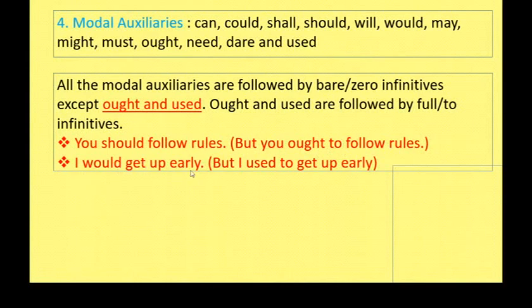I would get up early, but I used to get up early. Here after would, bare infinitive, that is get up, has been used. And if we use used instead of would, then full infinitive, that is to get up, is followed by the verb used.